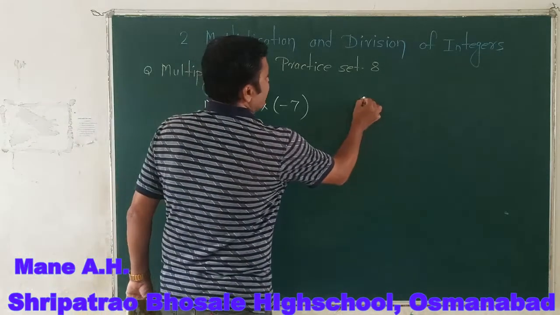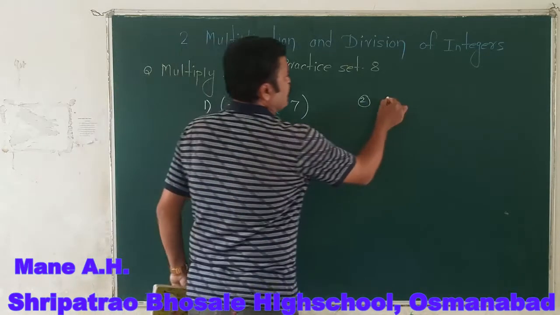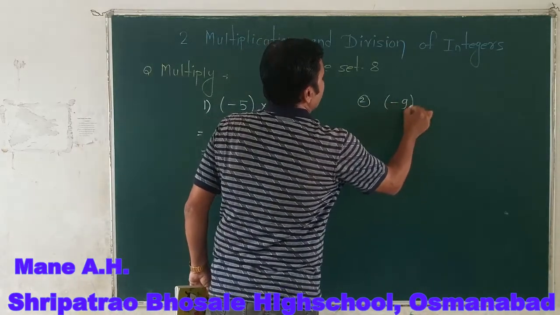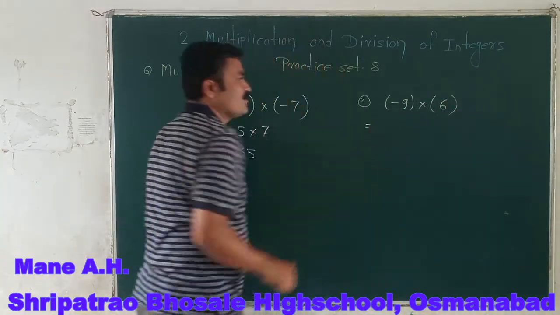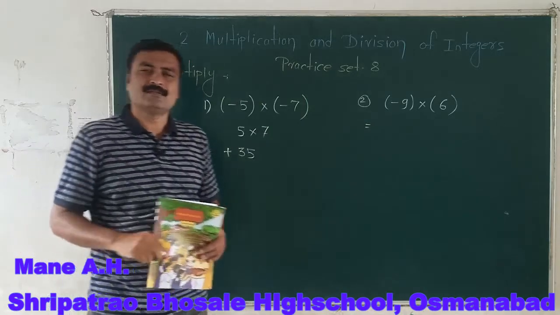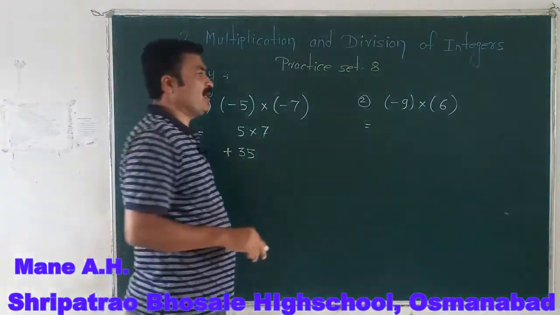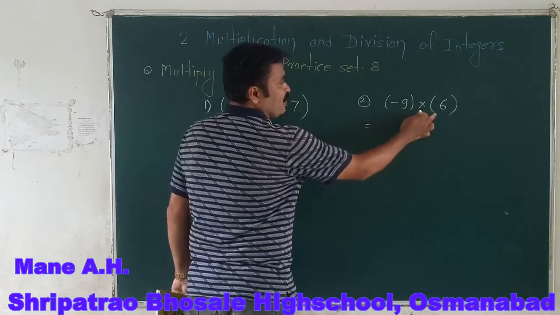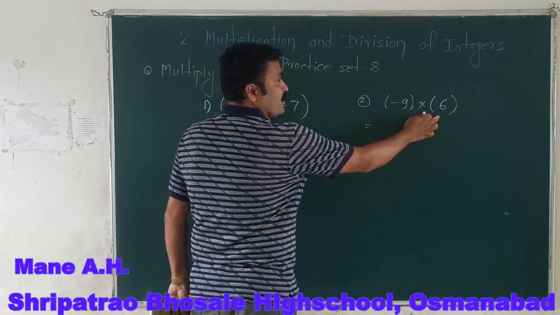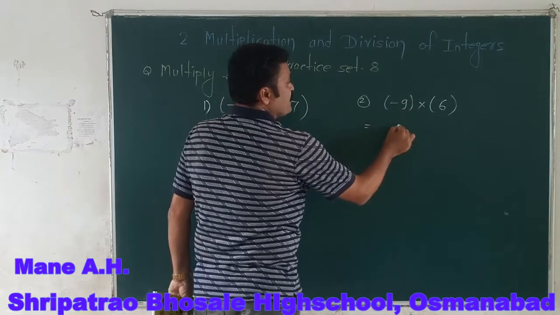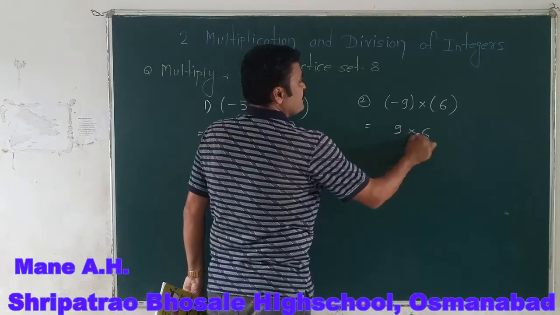So in this way, minus 5 into minus 7, we obtain the answer as plus 35. Thereafter, second example: minus 9 multiplied by 6. Minus 9 is a negative integer and 6 is a positive integer. While taking the product of these two integers, first take their magnitudes. Magnitude of minus 9 is simply 9, into magnitude of plus 6 is simply 6.